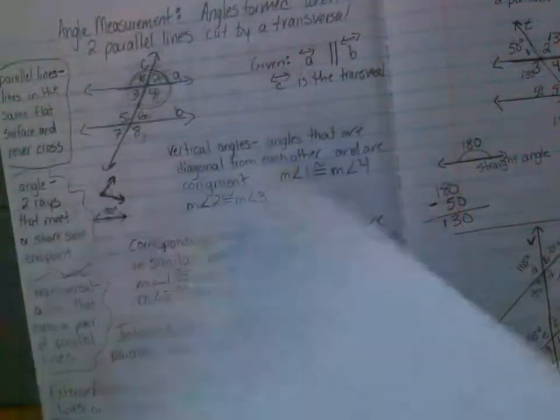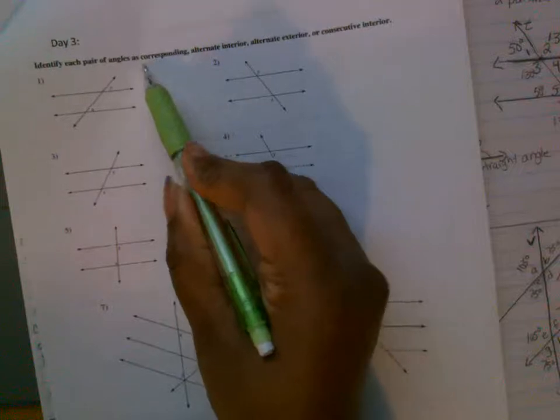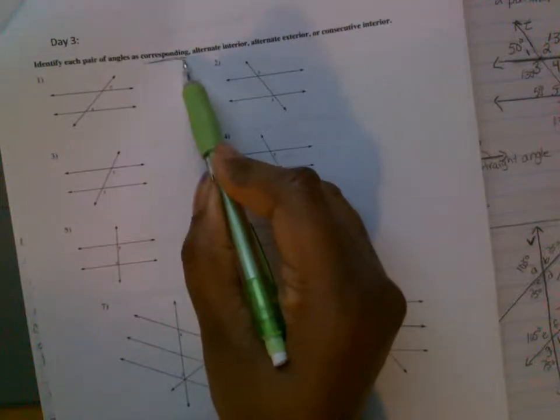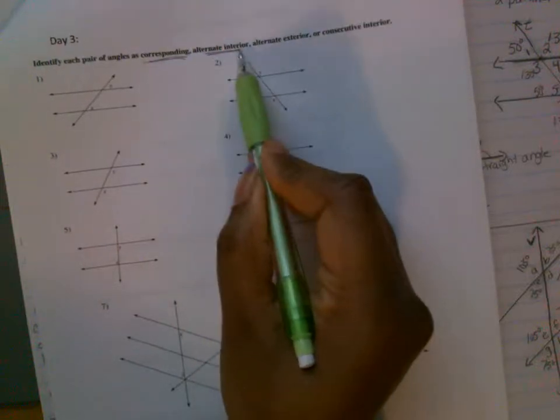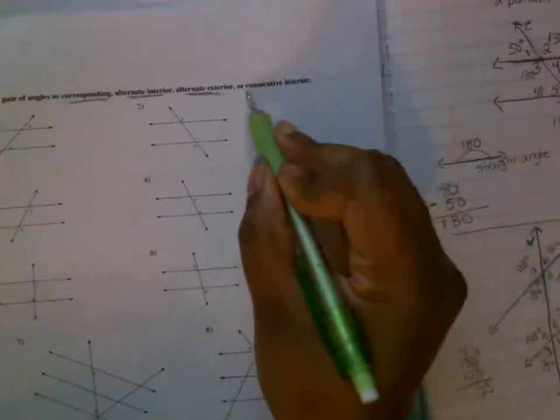The last day, day 3, is the one that you need to work on. You're looking at the relationship between these, and you're picking whether they're corresponding, alternate interior, or alternate exterior, and I need to write the definition for consecutive interior. So we're going to write that here.